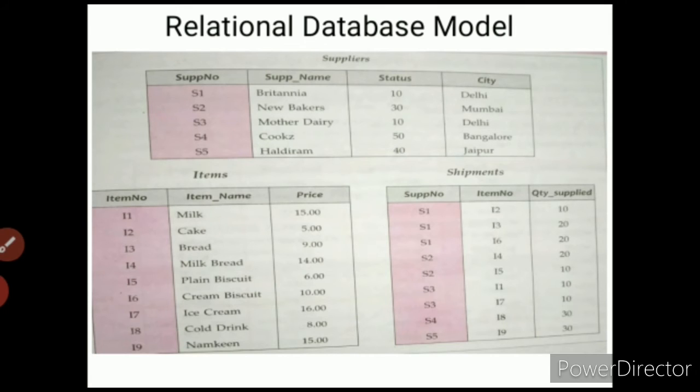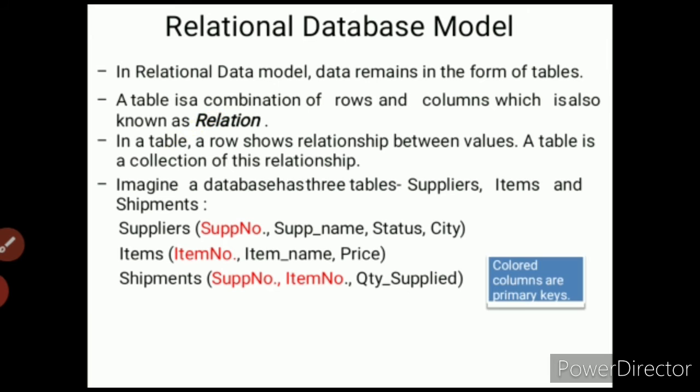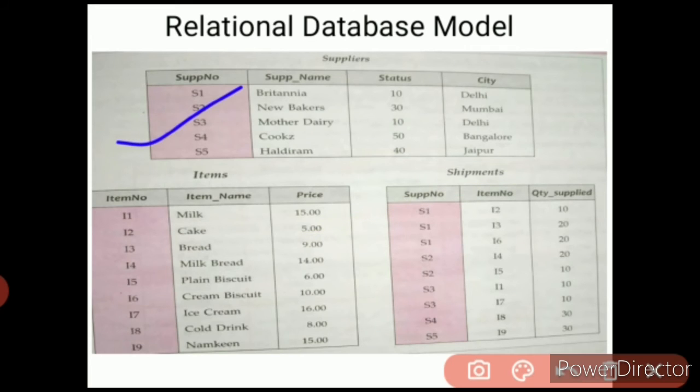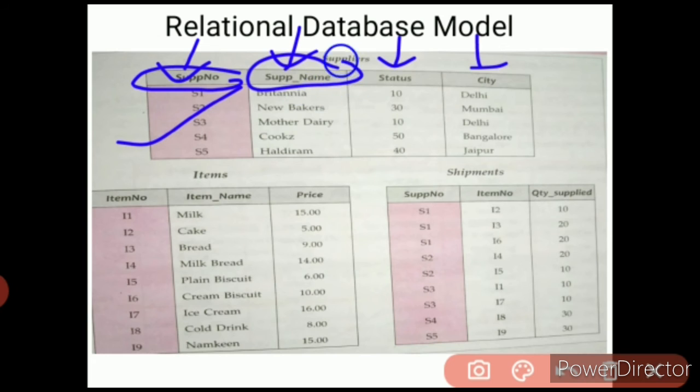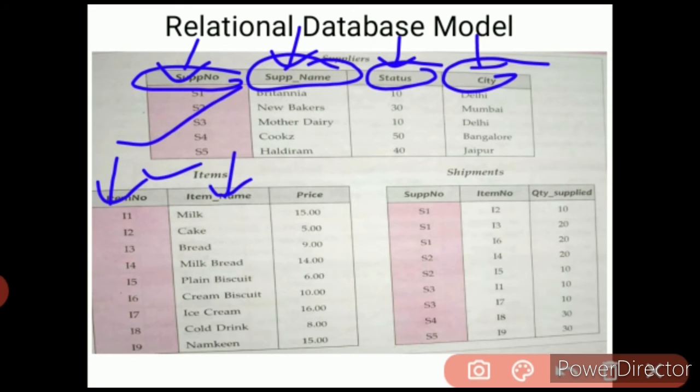Here you can see we have a table of suppliers having different columns, that is supplier number, supplier name, status, and city, right? And the item table having three different columns, that is item number, item name, and price.